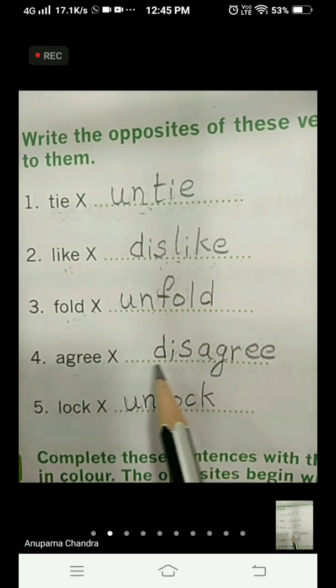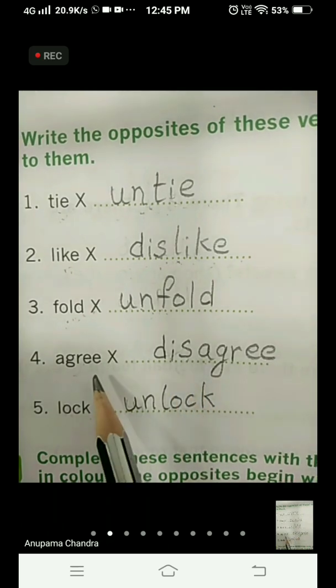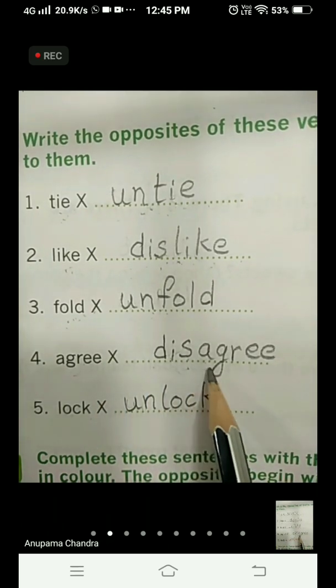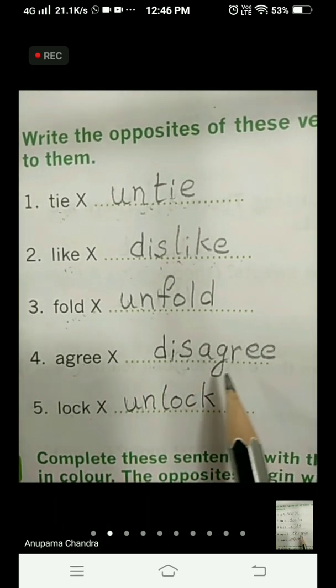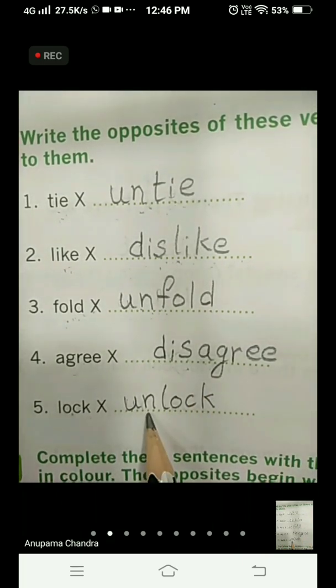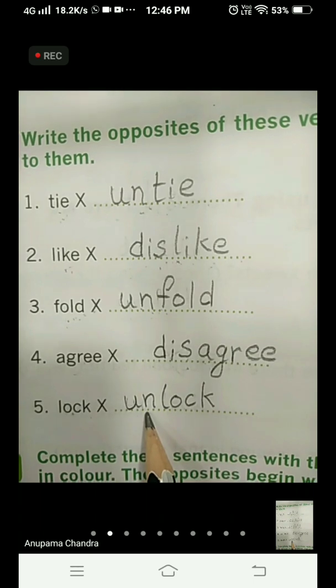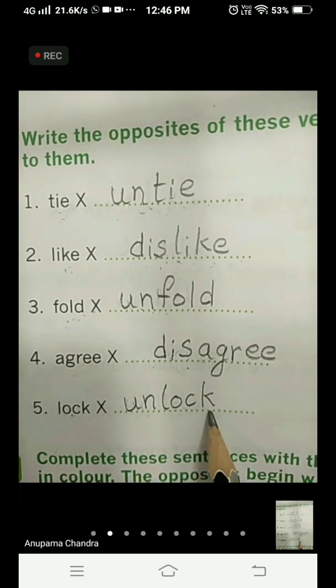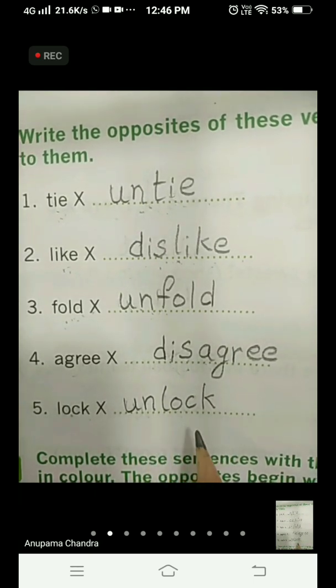Agree, disagree, D-I-S, dis, A-G-R-E-E, disagree. Lock, unlock, un, L-O-C-K, lock, unlock.